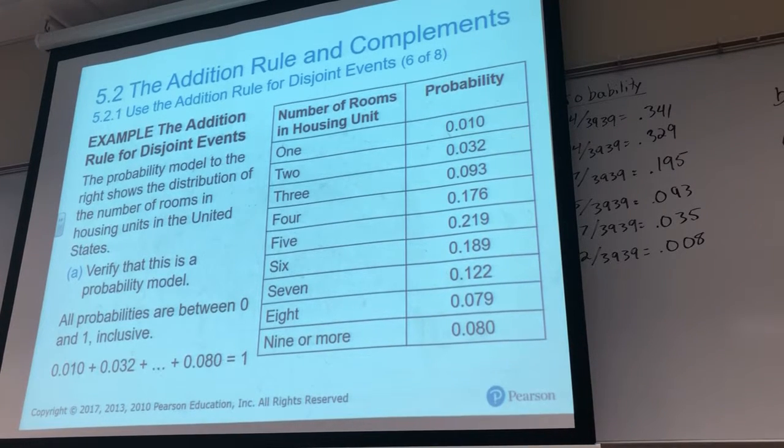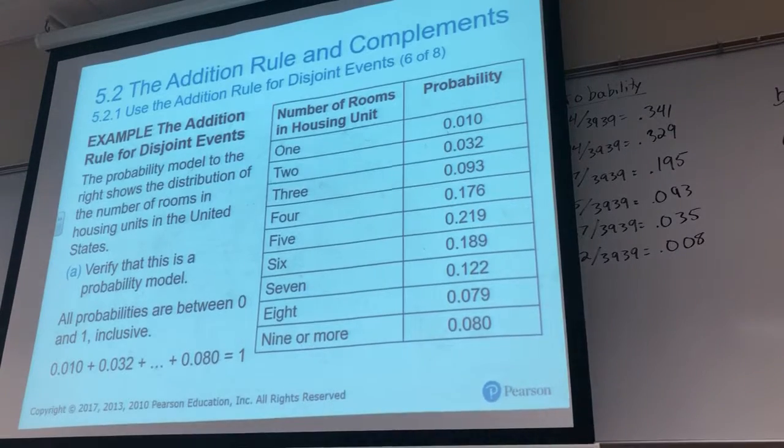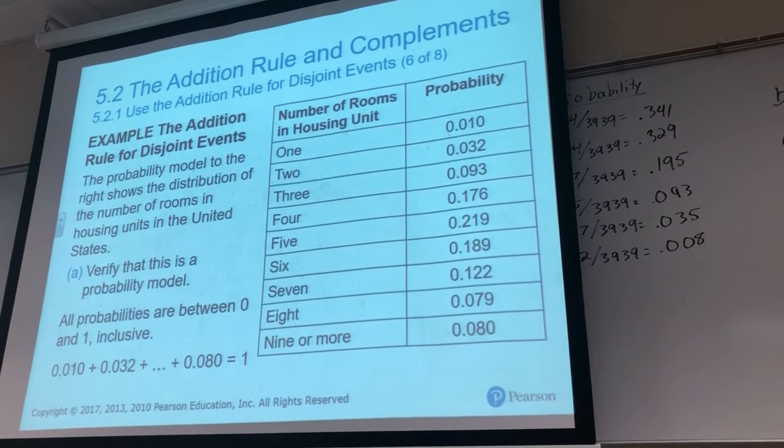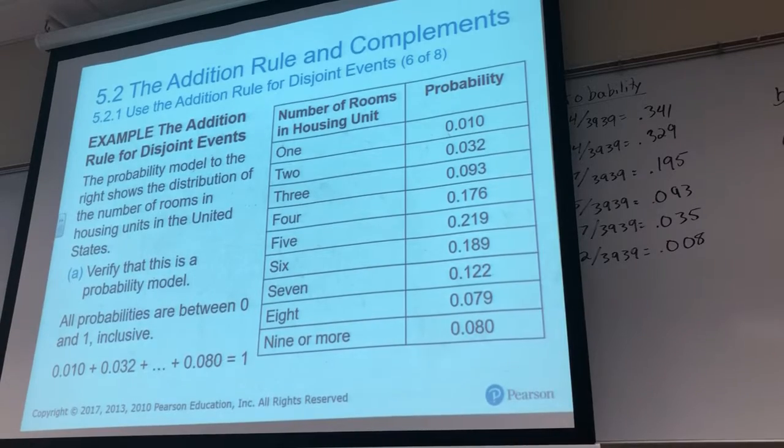All right. So for part C, they ask us the probability that it has 1, 2, or 3 rooms. They write it out as 1 or 2 or 3. So this is just an extension, since it has the ors.